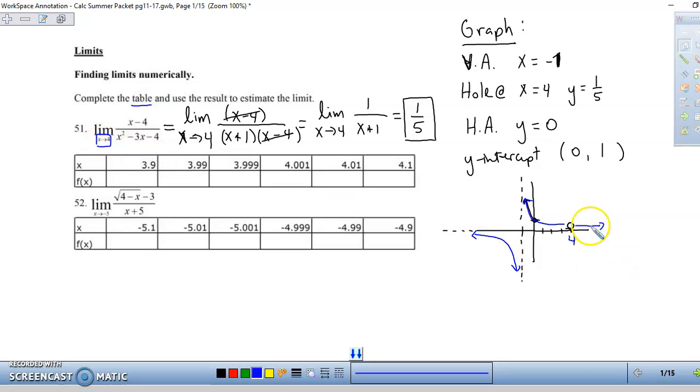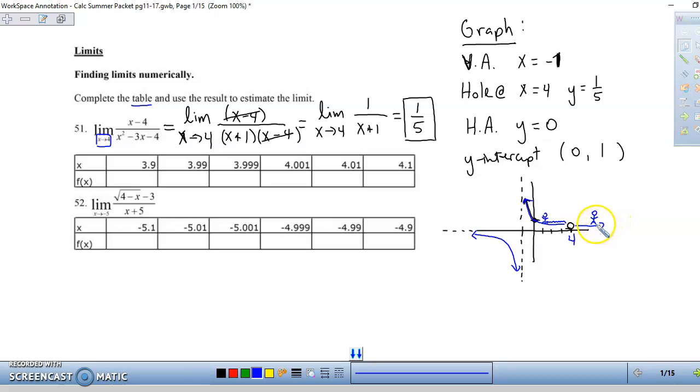So what you have to imagine is it has to match from the left side and from the right side. So imagine this is like a hiking trail and you're on that trail, hiking towards x equals 4, and what y value are you approaching? But you have to do that from both sides of x equals 4.